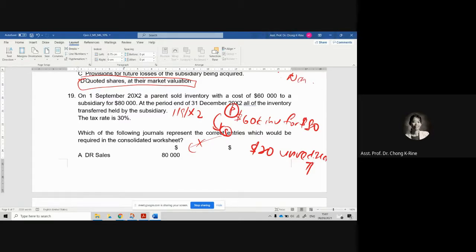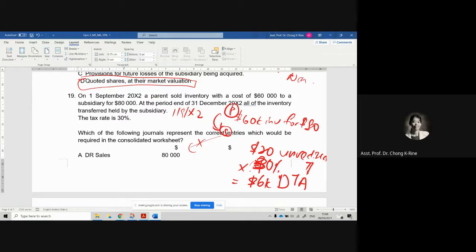So the 20,000 is unrealized profit gross. Multiplied by 0.3, the tax effect of 30%, it is 6,000 DTA. I told you unrealized profit will lead to DTA, unrealized loss will lead to DTL. So we don't have to go through the formula already.